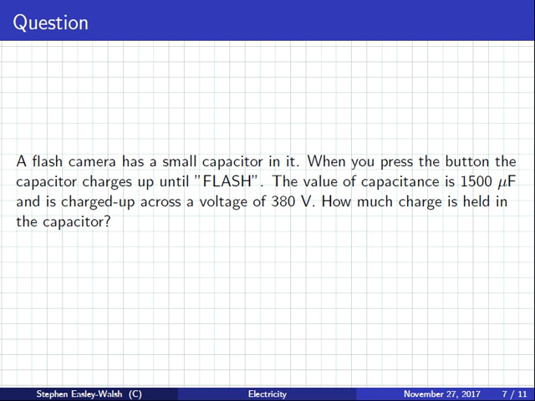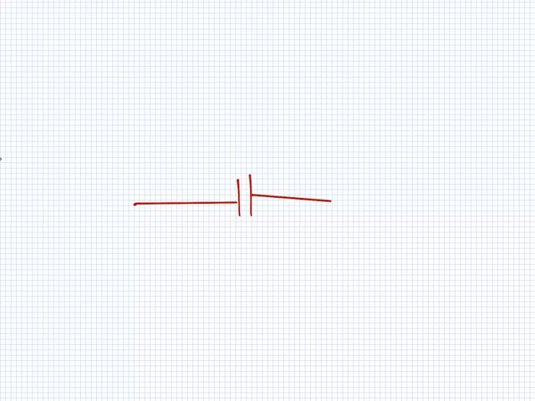Multiply, yeah. So what did you get, please? 0.57. Now remember, it's microfarads. Did you put in the 10 to the minus 6? Yeah. So you got 0.57. You're not saying the unit.